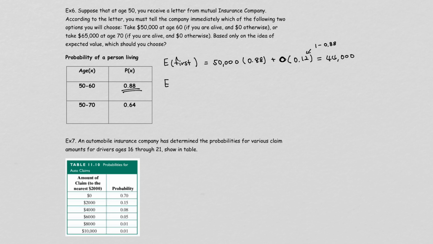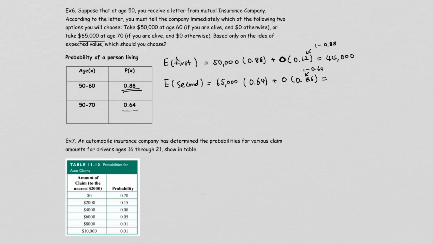What about the expected value of the second option? For the second option, you get $65,000, but your probability of being alive at that age is 0.64. Otherwise, you get zero, and your probability is 1 minus 0.64, so it will be 0.36.